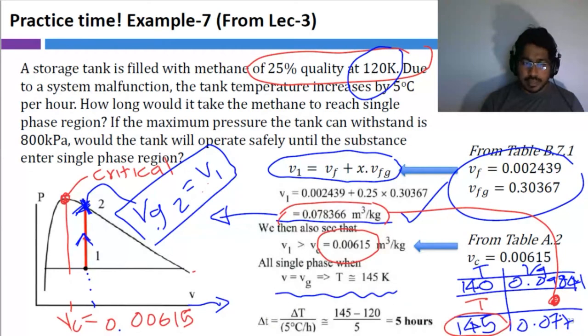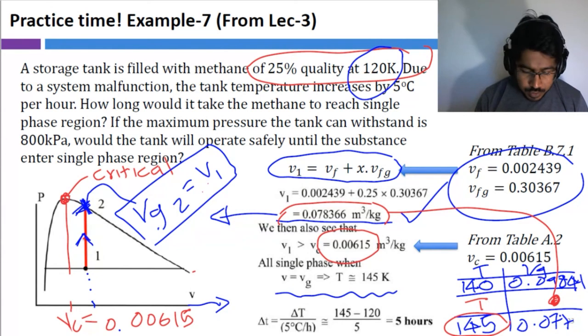If you find similar questions in the exam, to avoid any errors, I would recommend you do interpolation all the time. That way you will be in the safe region, right? If you are not sure how much error that's going to create, then it's always recommended to interpolate. I did not interpolate because that's another step, just to explain the process, right? Does it make sense?